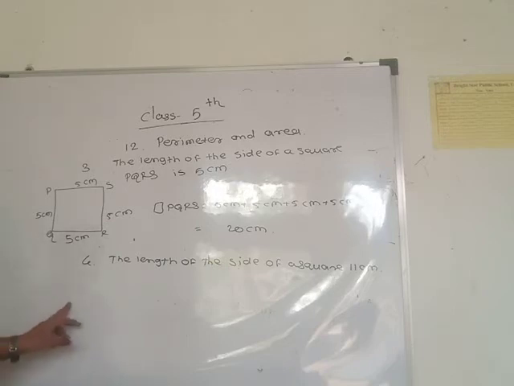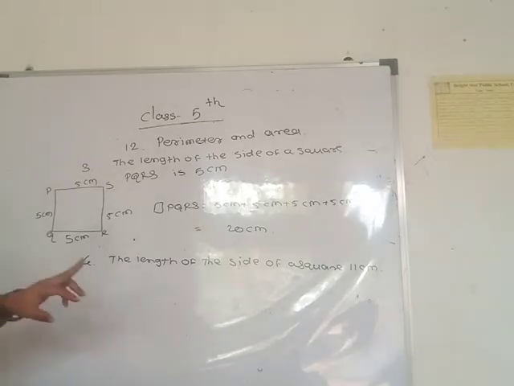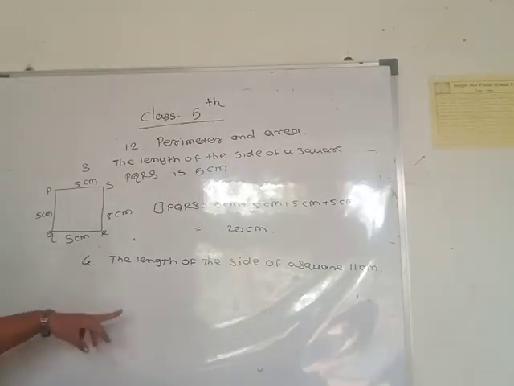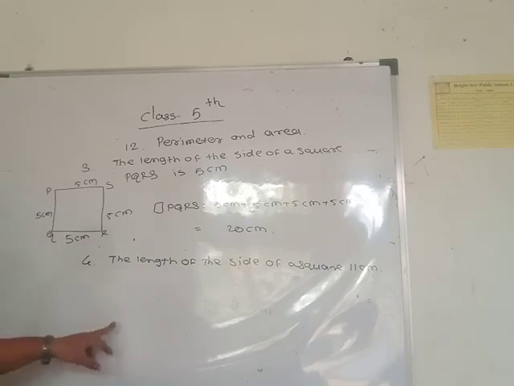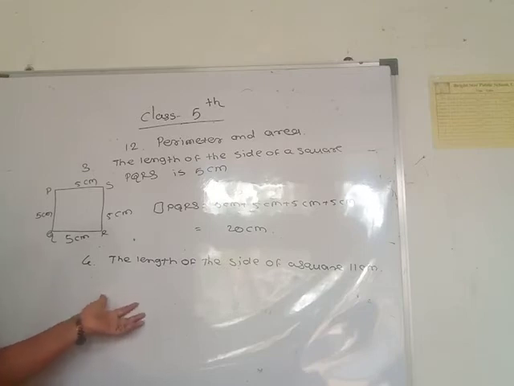You draw one figure with this side and take any name for this square. The side of this square is 11 centimeter. All sides are equal, means 11 centimeter, 11 centimeter, 11 centimeter. Then the perimeter of this square is equal to the sum of the lengths of all sides, means 11 plus 11 plus 11 plus 11. In this way you write.